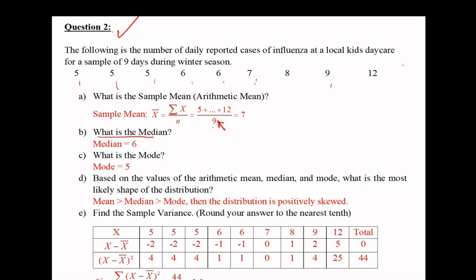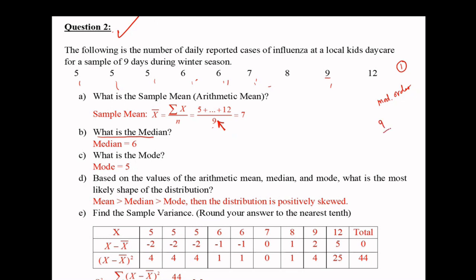First step done. Now I need to find the median order. Where is the location of the median? How many numbers do I have? 9.